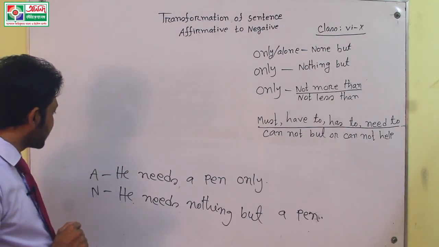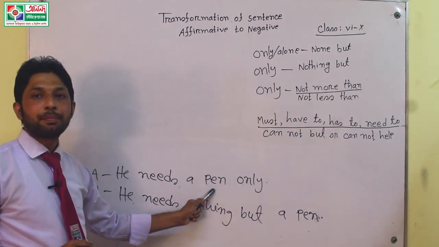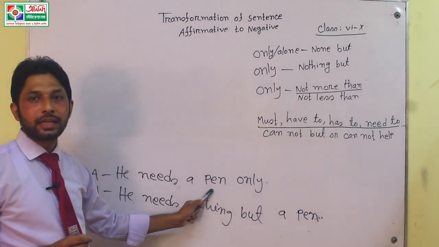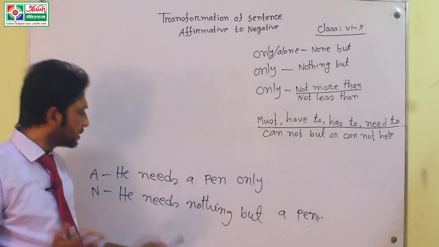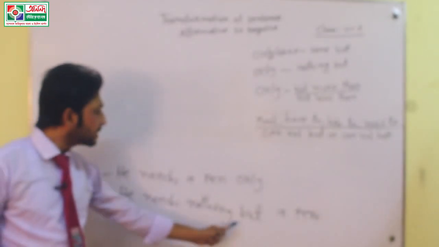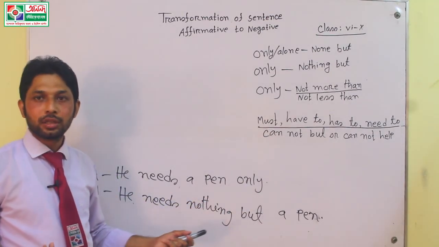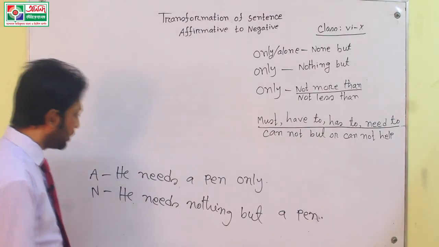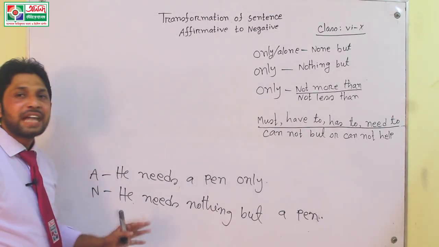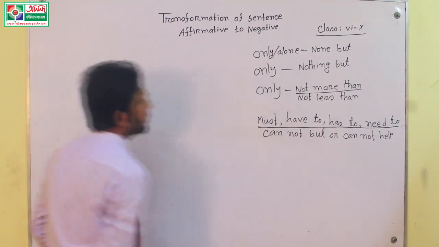In this sentence, only refers to the pen, and we know that pen is a thing. That's why we have written nothing but instead of only. That's all. Okay? And nothing else will change in this sentence.